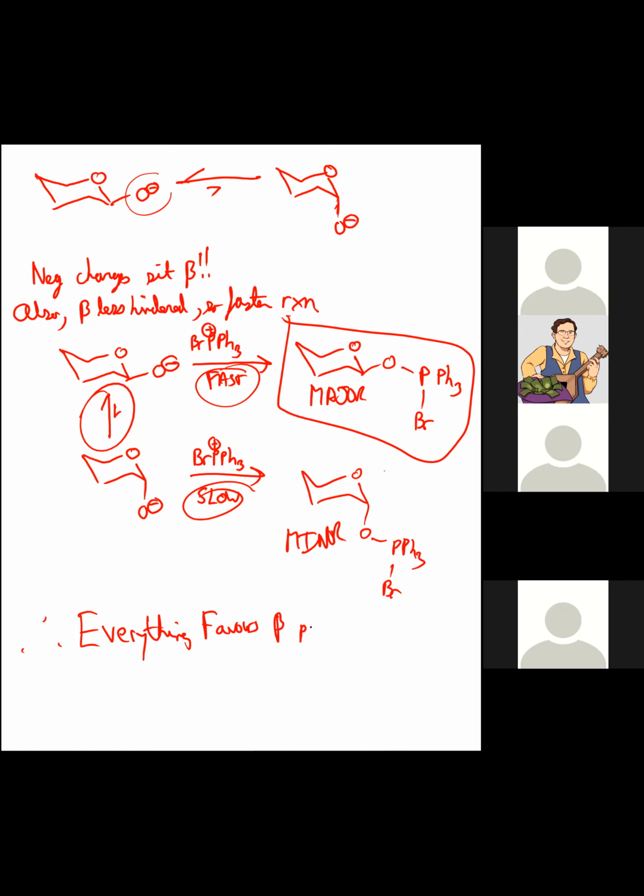Beta phosphonium. It's not a phosphonium. I'm going to call it phosphine star because I have no idea what the functional group is called. Everything favors that, therefore we get alpha bromide.